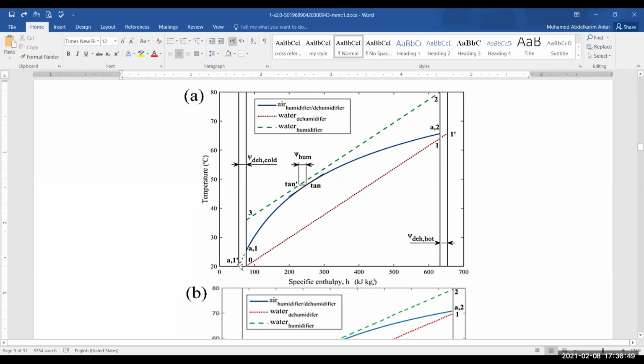So it will be this value. As if we are looking for the difference between A2 and A1 divided by A2 and A1 dash. Or for the water side, it will be H1 minus H0 divided by H1 dash minus H0.